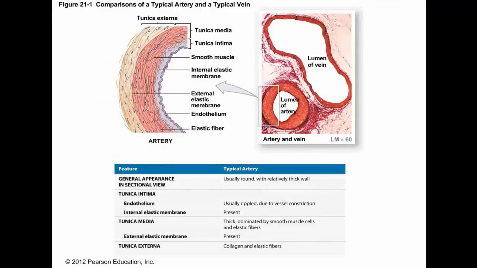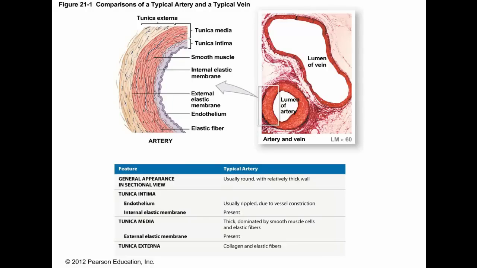So here we've got a diagram showing you the typical makeup. If we start over at the right side, you can see that there's a photograph of a microscopic slide, and you can see the difference between the walls of the artery with the thickness and the walls of the vein. The lumen means the center, the hole through the center.